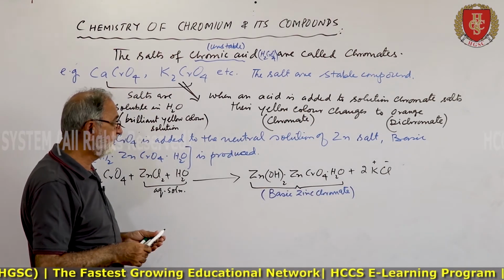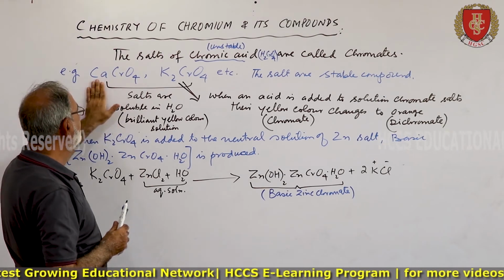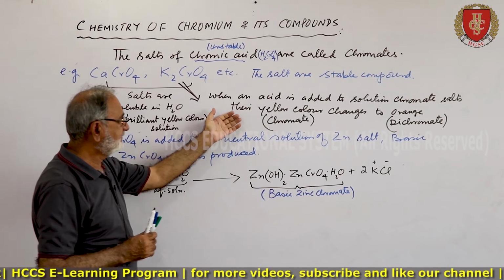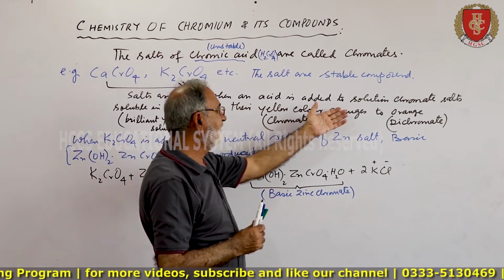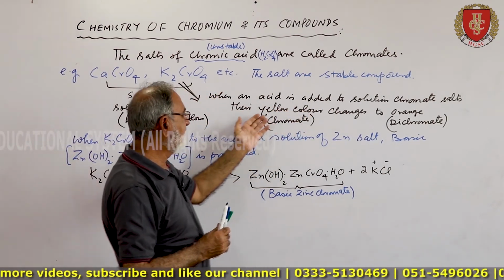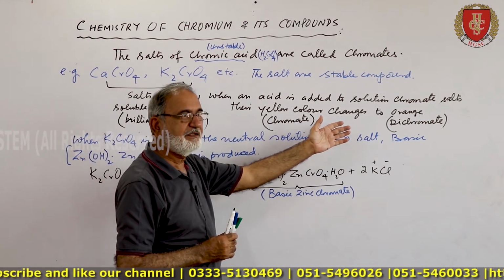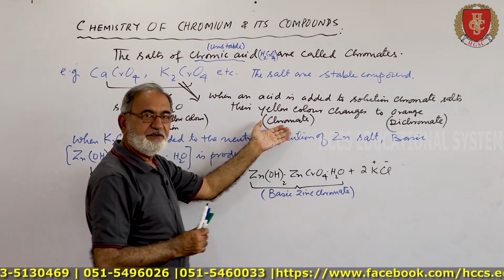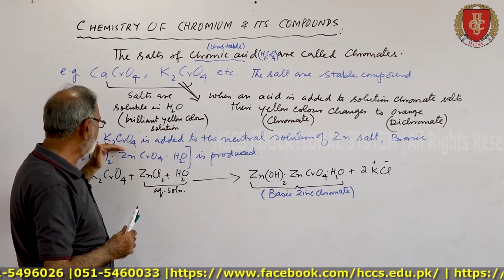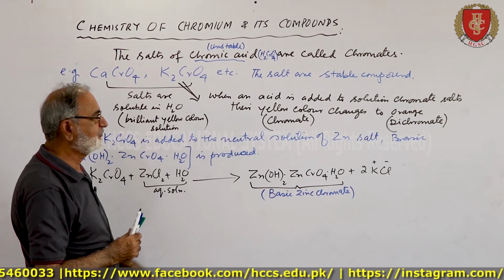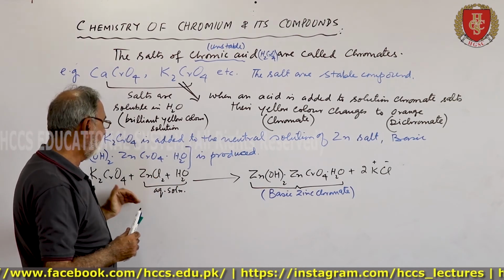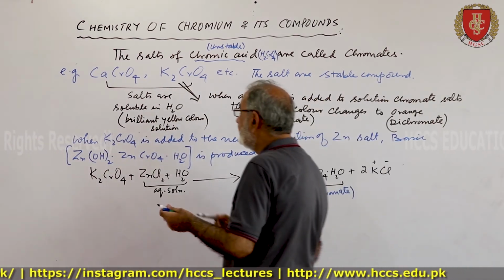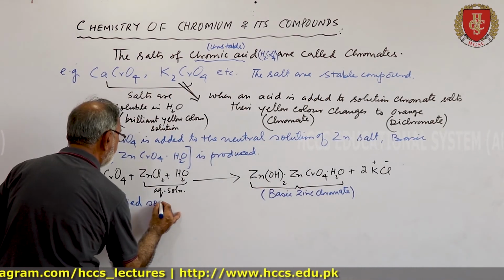So, in other words, the chromate salts are relatively stable, and can be interconverted by the addition of acid, which changes chromate into dichromate, and if base is added to dichromate, it changes back into the chromate. But when potassium chromate is added to the neutral solution of zinc salt, it forms basic zinc chromate.